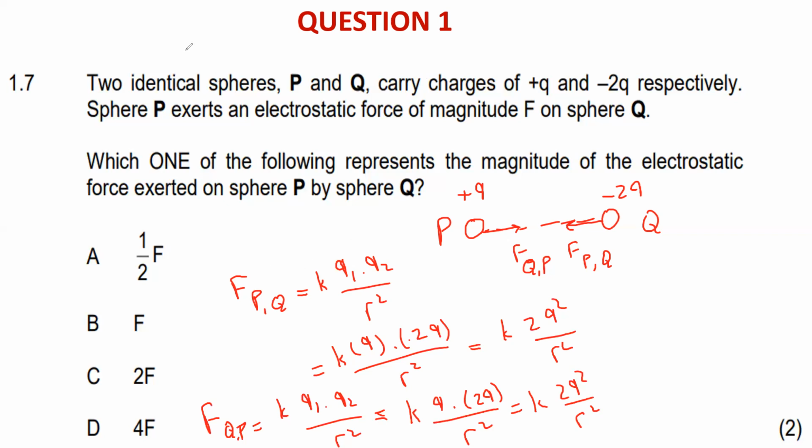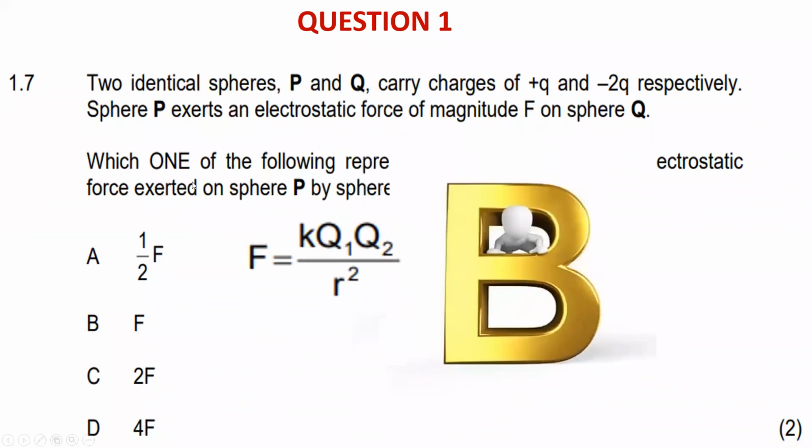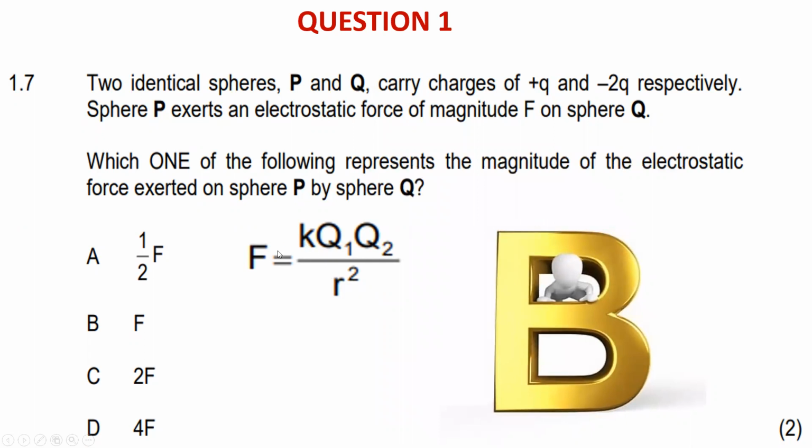But just understand that if you have two charges, and you don't change the magnitude of the charges or the distance, you have the same electrostatic force between these two. Now we can see the answer. Our answer is B, because using Coulomb's law we get the same force.